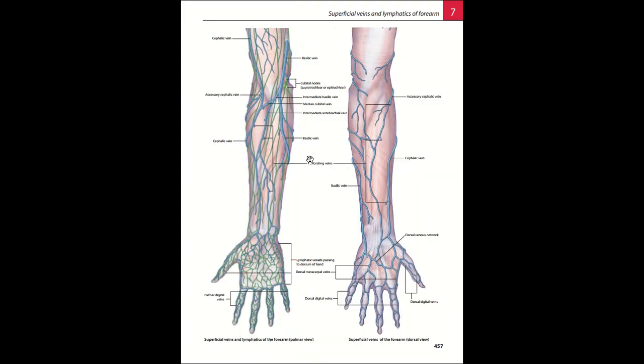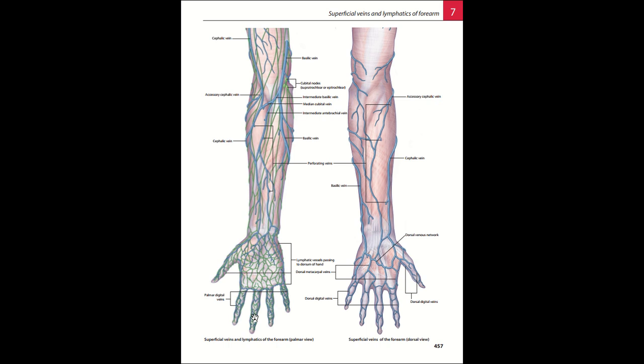This is a beautiful diagram showing part of your hand, your forearm, and part of your arm. Lymph from the lateral portion of your hand and forearm runs along the cephalic vein and ends up draining into the infraclavicular, or deltopectoral, group.